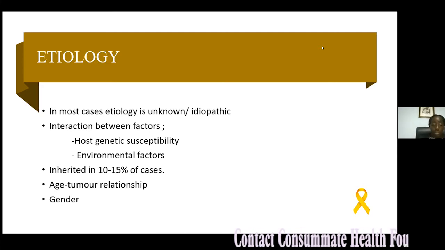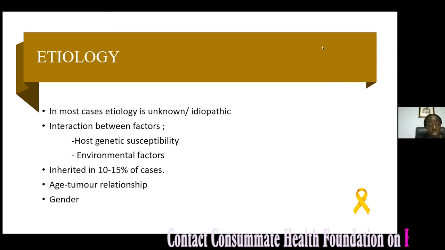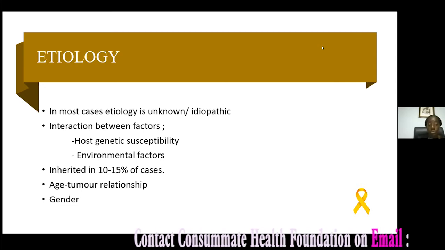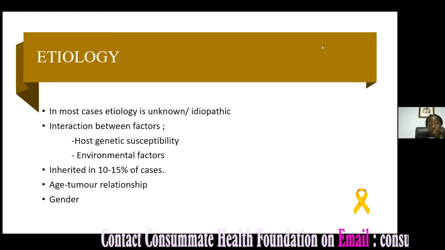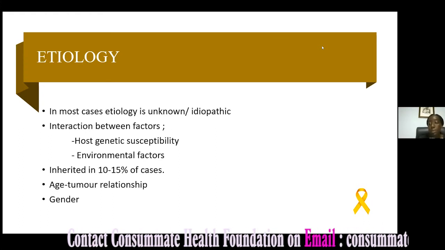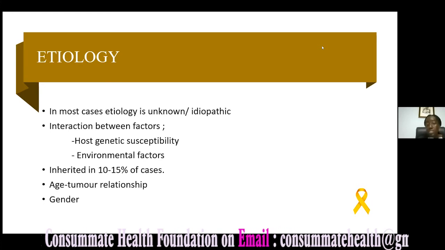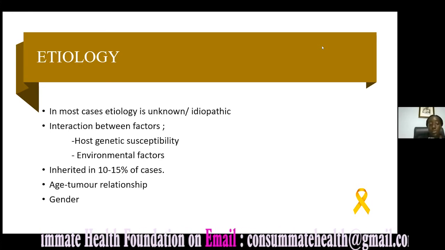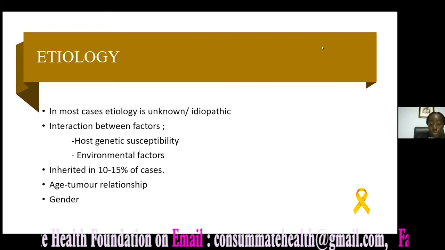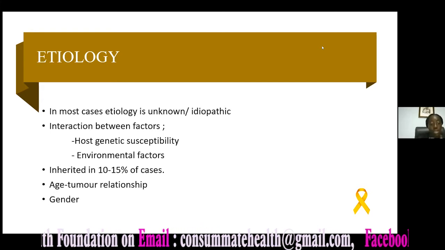About 10 to 15% of the cases, we inherit these abnormal genes from parents. So cancers are inherited in about 10 to 15% of the cases, but the majority is an interplay of genetic susceptibility and environmental factors, which we'll look at in the subsequent slides.